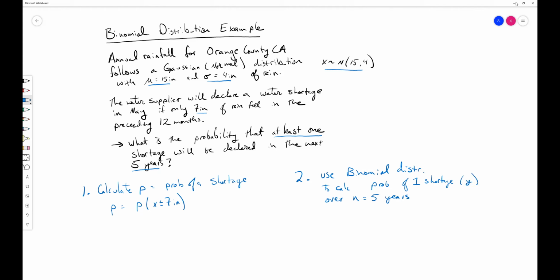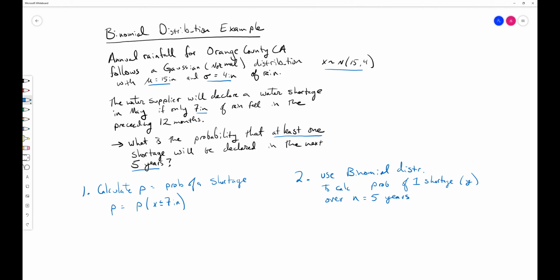So if you look at our binomial distribution, y and n are the two parameters that we put in. So y is the number of successes over n trials. In this case, we're saying one success or one shortage over n years. All right, so let's solve this problem.